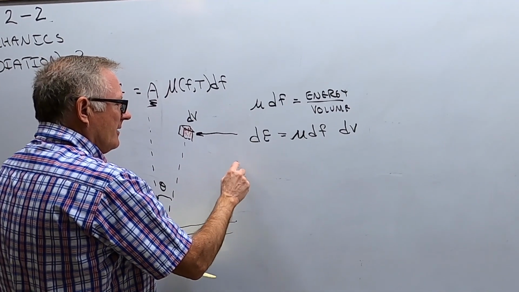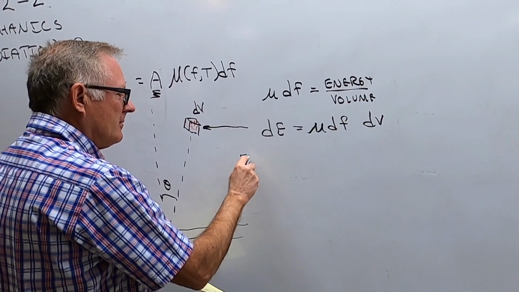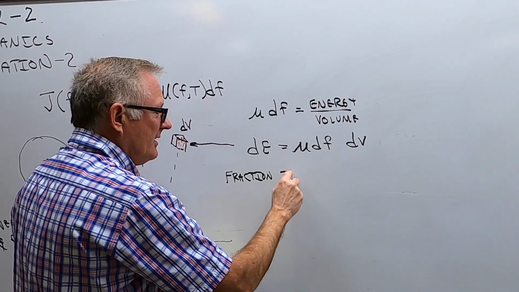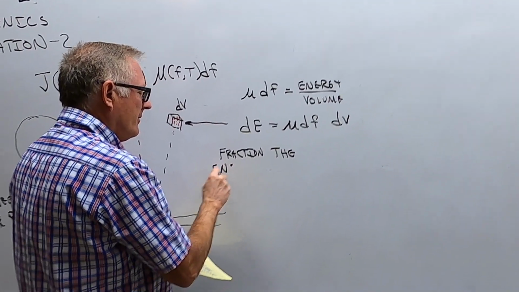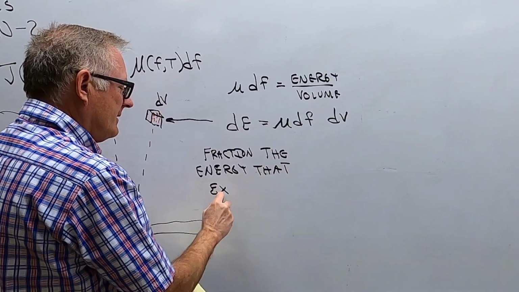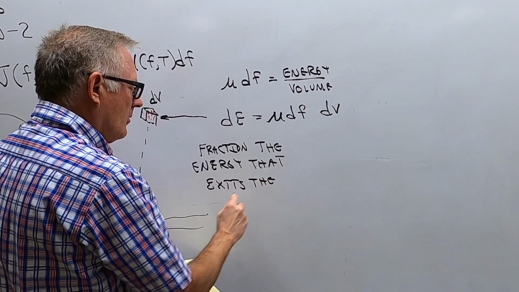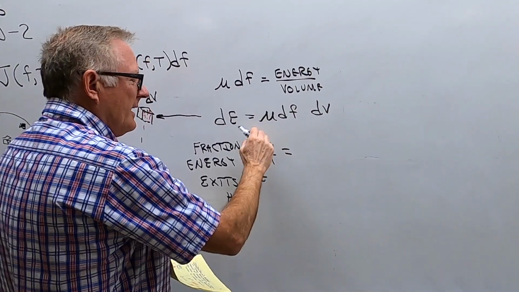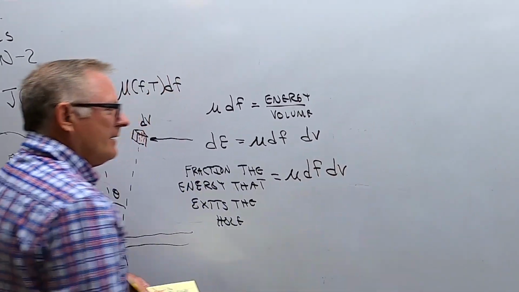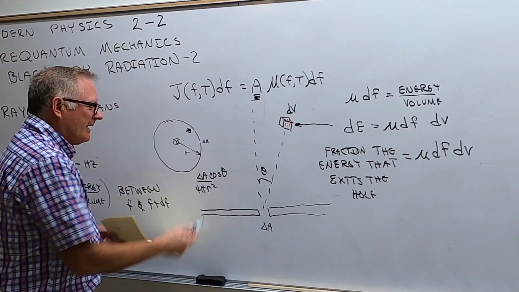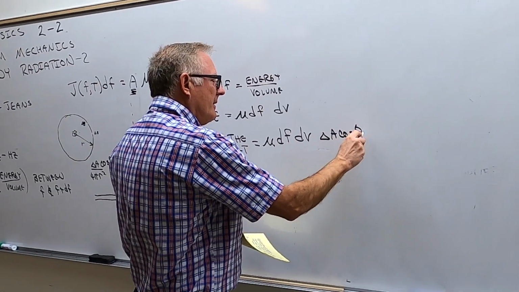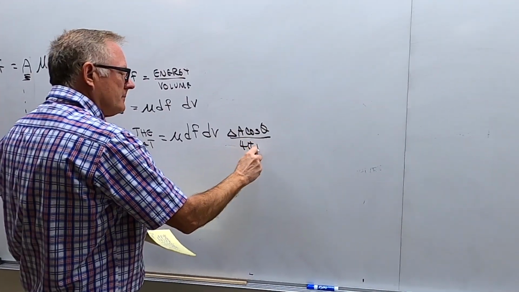So the fraction of the energy that exits the hole should just be this mu dF dV times the probability, delta A cosine theta over 4 pi r squared.